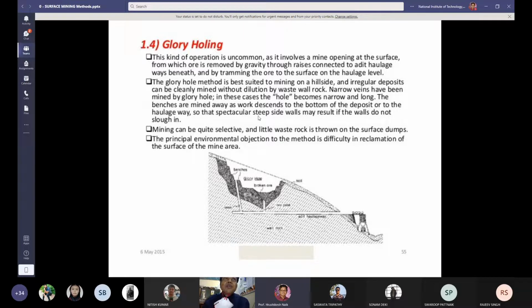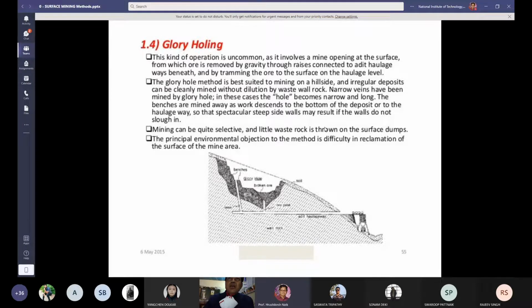So this glory hole method is the best suitable method of mining on hillside deposits, and also it is applicable for irregular deposits. This deposit is very irregular. It is not a bedded deposit, it is an irregular deposit, and can be cleanly mined without dilution by waste wall rock.